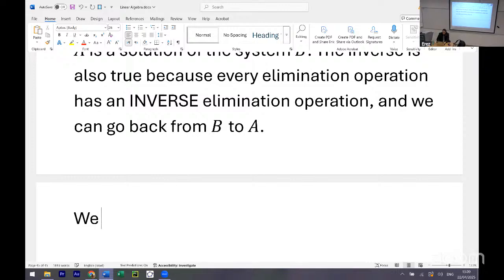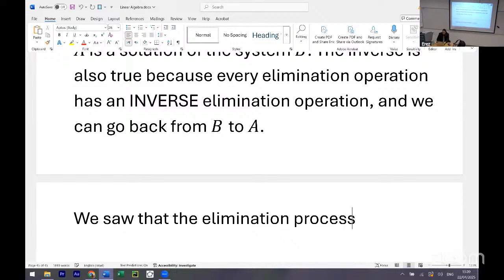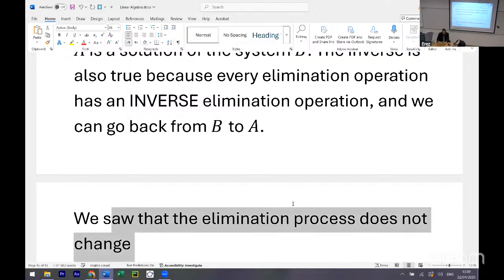Okay. So we saw that the elimination process does not change the set of solutions. I think I can make the font a bit smaller.